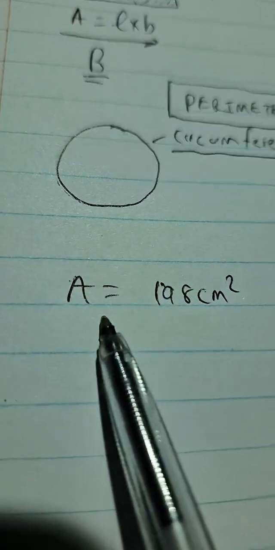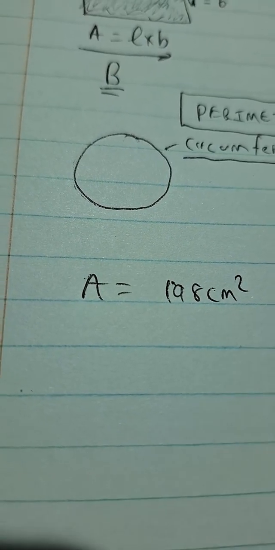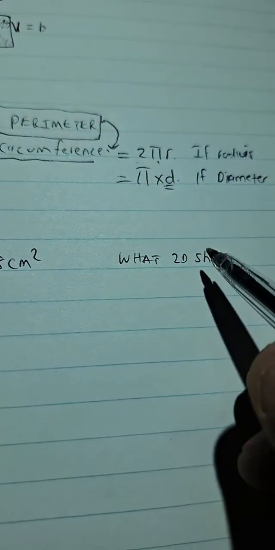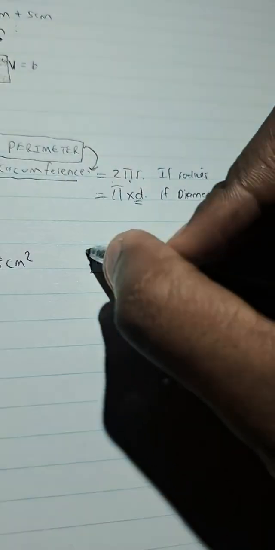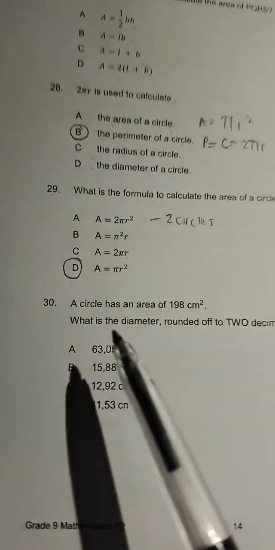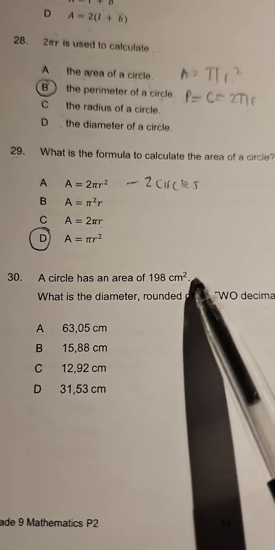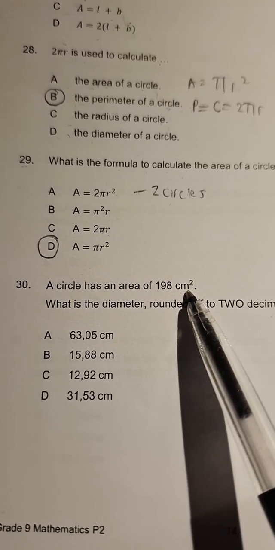So we first write down area is equal to 198 centimeters squared. What two-dimensional shape are we speaking about here? Is it a triangle? Is it a rectangle? Is it a square? We are told the circle has an area of 198 centimeters squared.